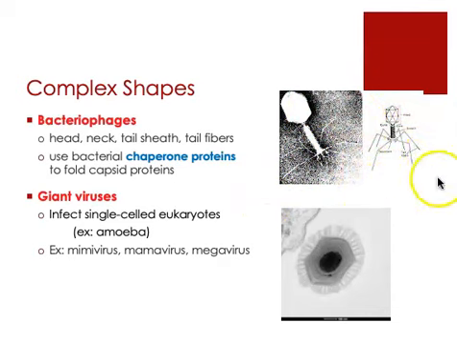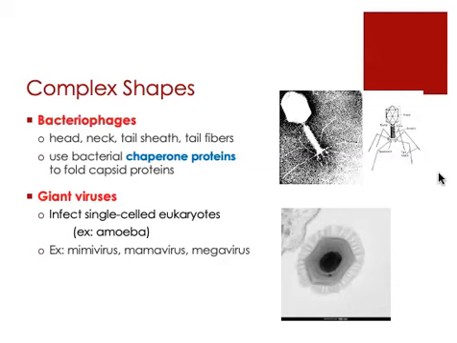Bacteriophages actually use chaperone proteins so that when they're being assembled inside of the host cell, they are assembled correctly into this complex shape. Recall that a chaperone protein is a protein that chaperones or watches over the folding of a protein.